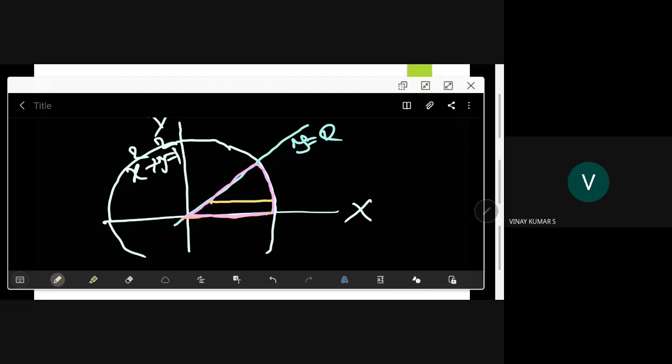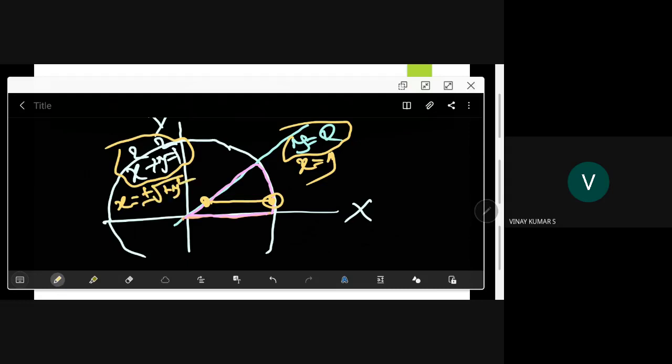Then you see what is the x value here and what is the x value here. The x value here can be obtained from this relation: simply x is equal to y. The x value here can be obtained from this relation. So how can I get this from this? It is x is equal to plus or minus square root of 1 minus y square.